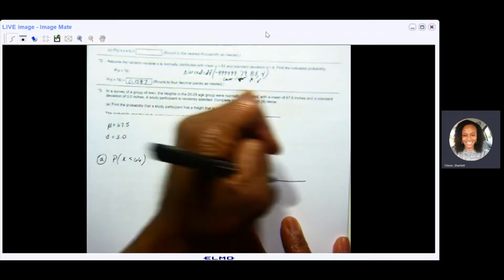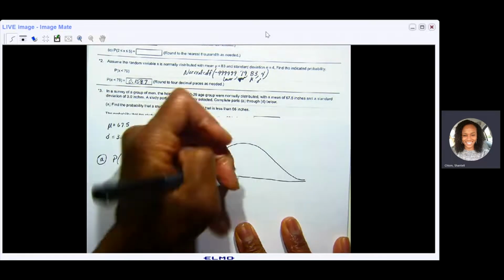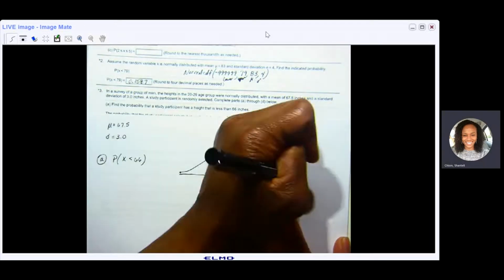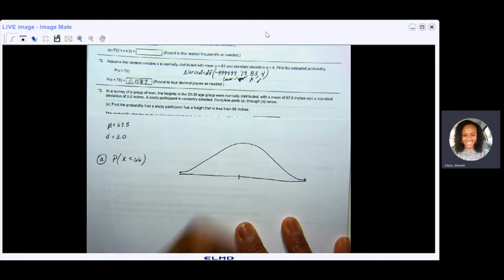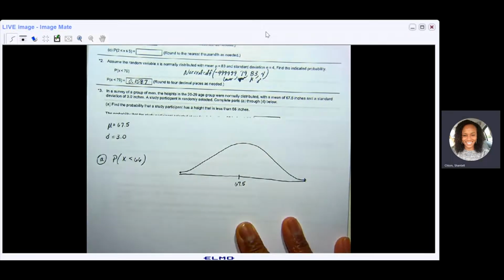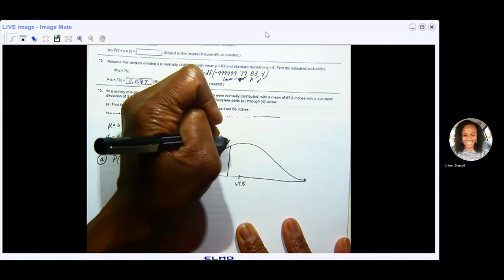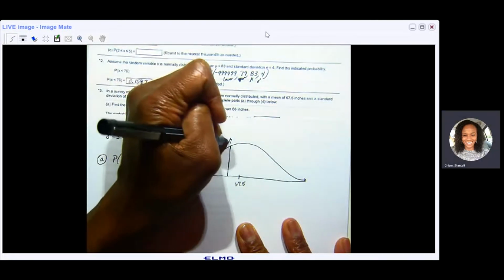So I'm going to draw my picture for part A. Dealing with normal distribution, bell-shaped curve, is continuous at each end, mean at the middle, 67.5. All right, we're looking for the probability that X is less than 66. Well, 66 is smaller than 67.5, so it should be to the left. 66.